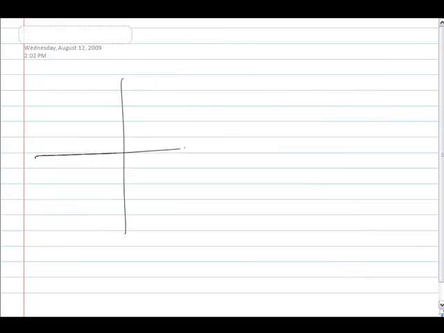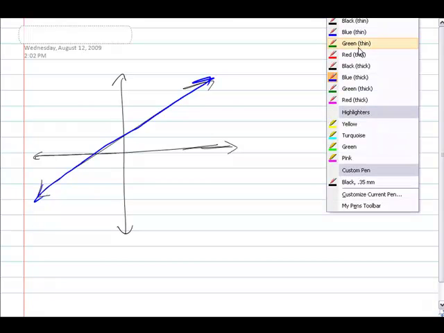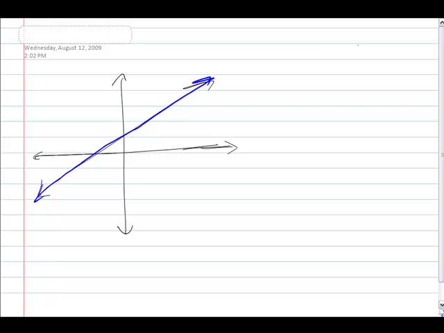Now you can do the same thing for the domain, and this is a good, easy way to determine domain and range. So for the domain, let's make this line stick out a little. So let's say there's our line, and remember those arrows signify that it's going out in those directions forever.